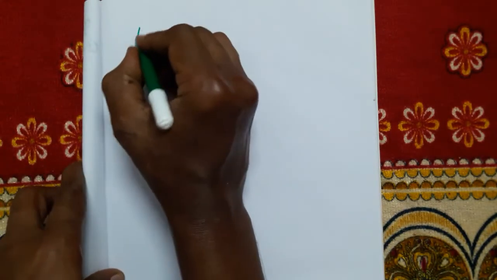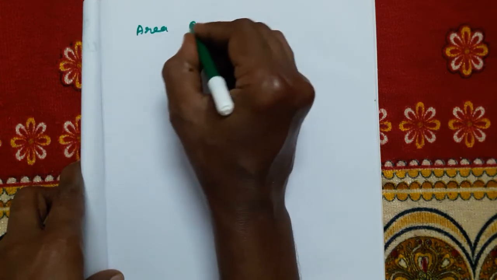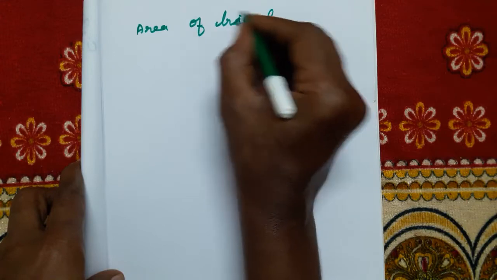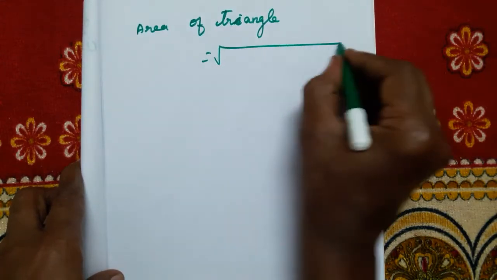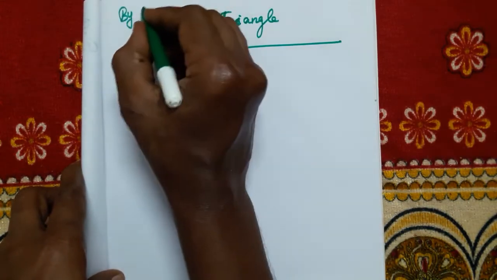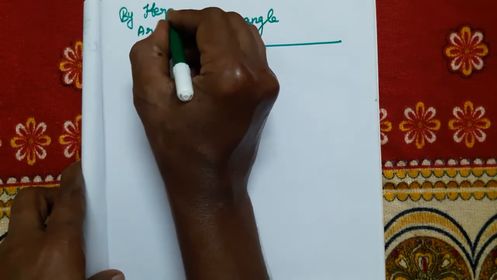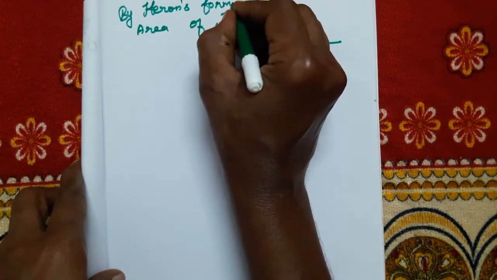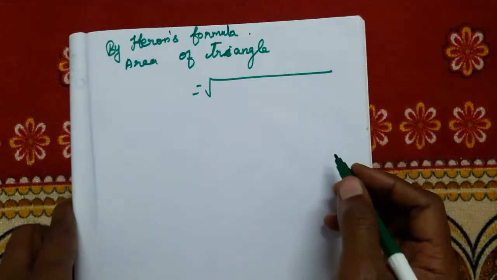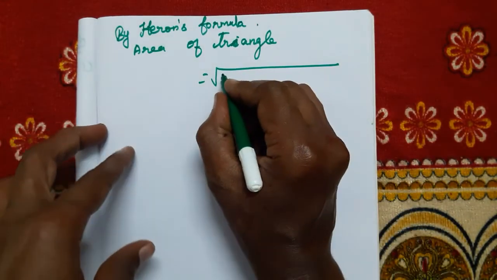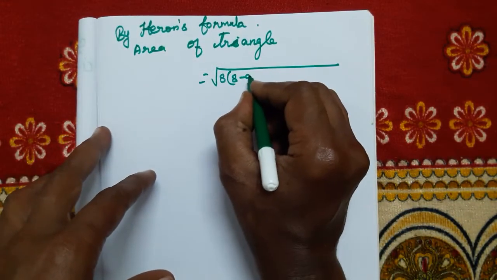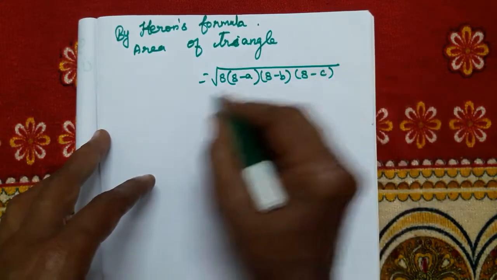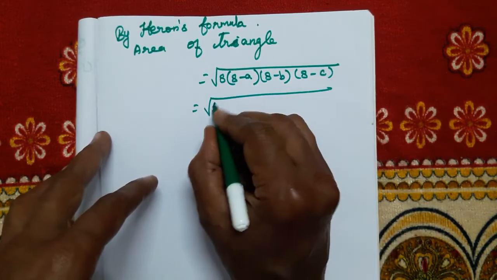Next, area of triangle is equal to root of, what's the formula? By Heron's formula, root of S into S minus A into S minus B into S minus C. What is S? S in place 60.